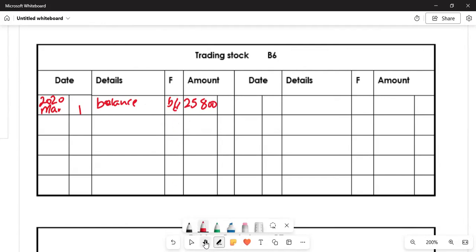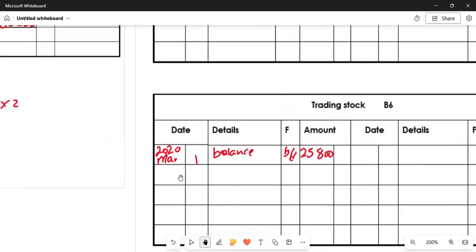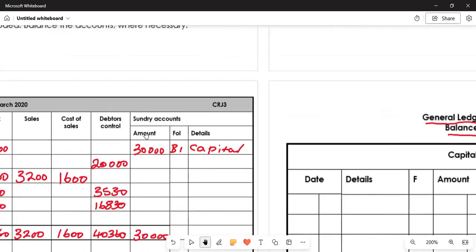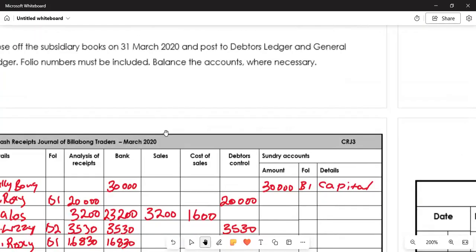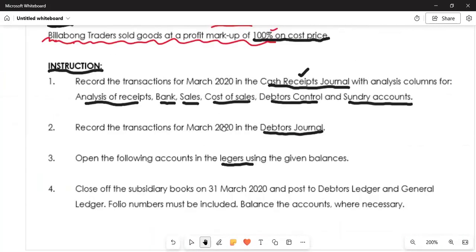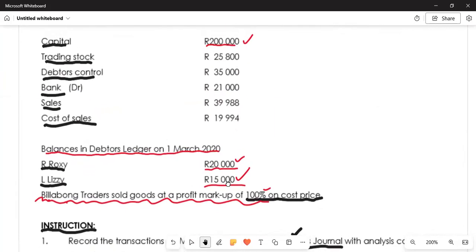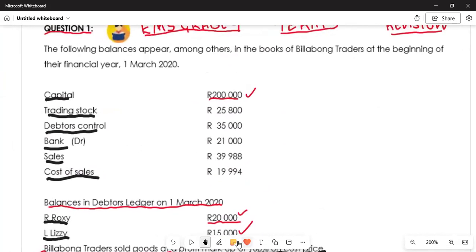So we can go and see where we get this amount. A balance of 28,800. If you check there on the trial balance, we have the balance of stock. So this is our balance brought down.